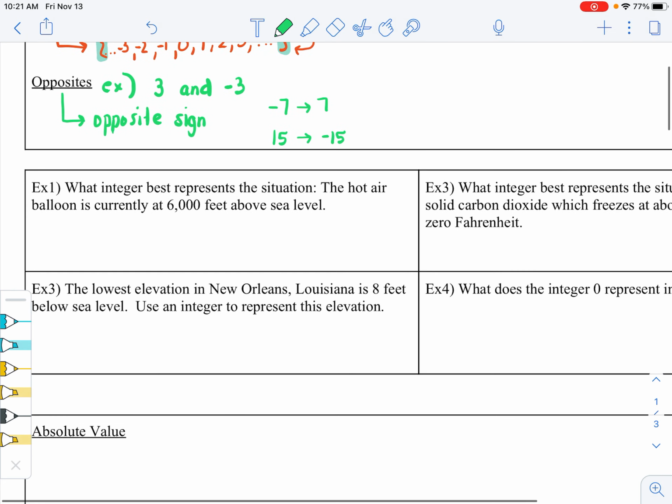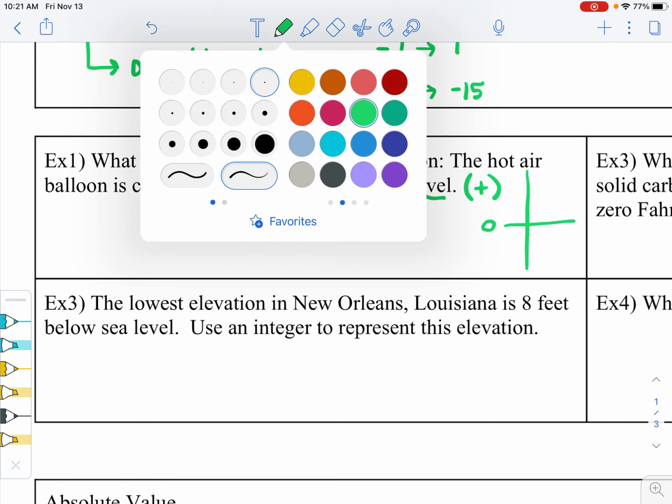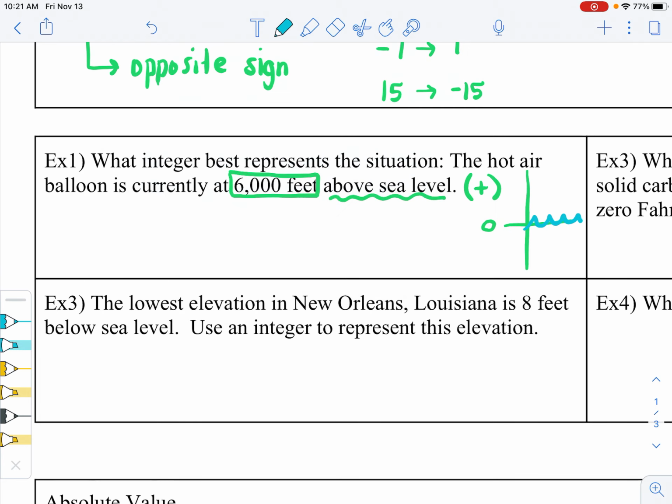Then we're going to use integers to represent situations. So, for example, what integer best represents this situation? A hot air balloon is currently at 6,000 feet above sea level. The above sea level is our clue that this number is going to be positive because it's up in the air. Let's just make a little diagram. Sea level is 0, right where the sea begins.